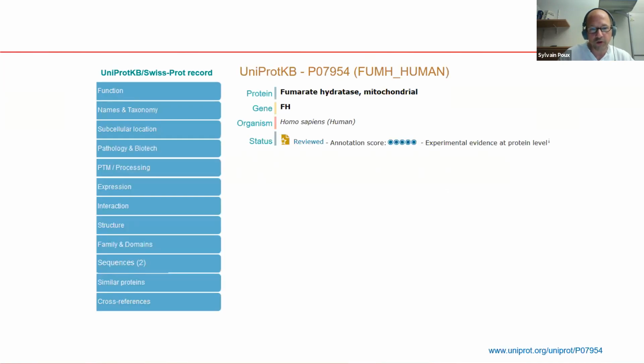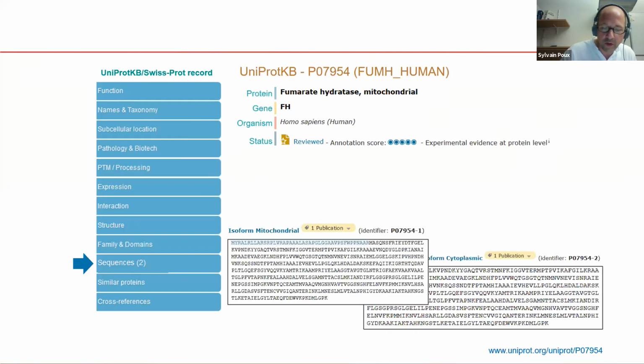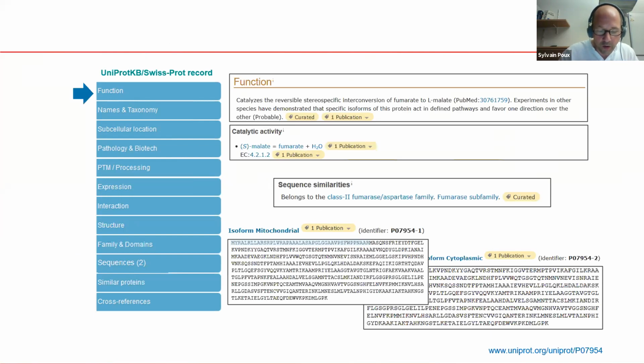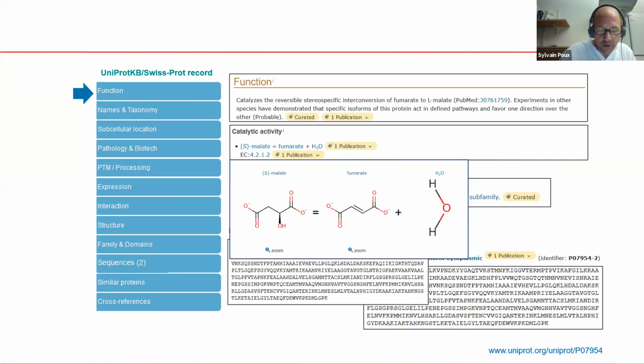What type of information can you find in a Swiss-Prot record? You can find one or several protein sequences, which are products of a given gene, information on the family the protein belongs to, information on the biological function, and if the protein is an enzyme, information on the catalytic activity. Catalytic reactions are in a structured format.